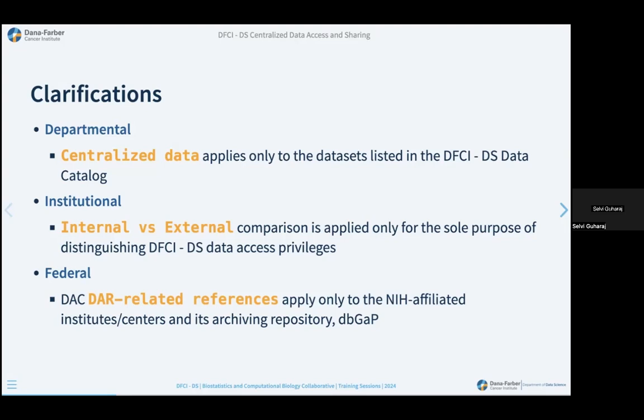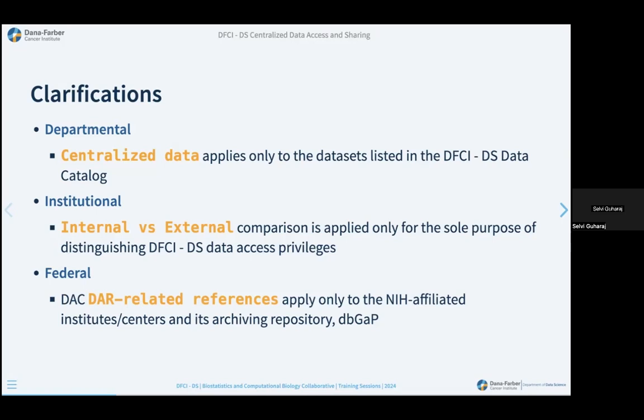Although we talk about NIH, we don't have just NIH data on our systems. We have data from 30 plus data providers. The principles of data sharing, access, and security are quite common among all the data providers, but there are some variations between them, whether it's St. Jude, UK Biobank, or NIH dbGaP.